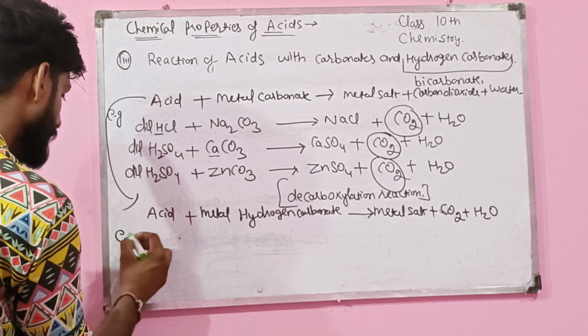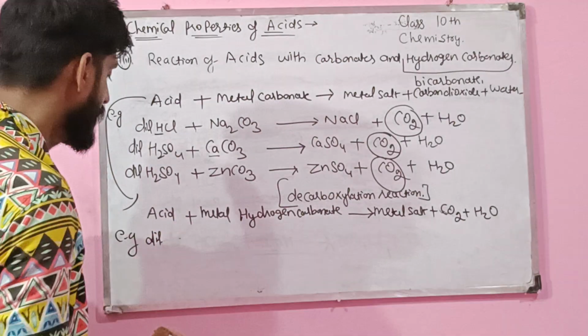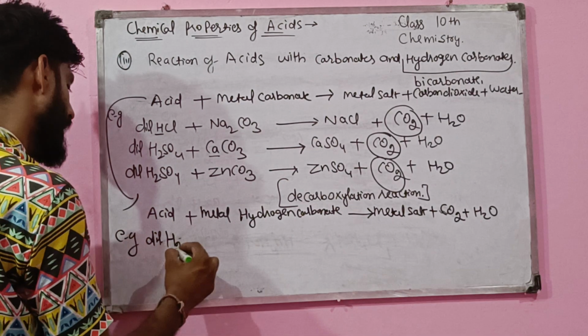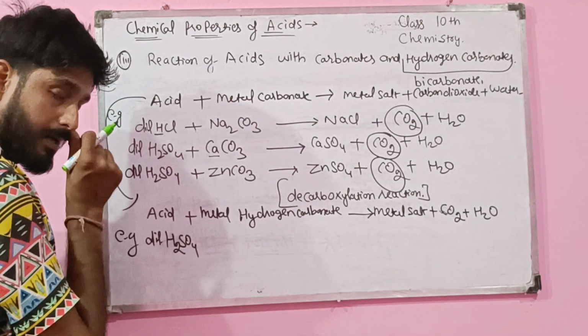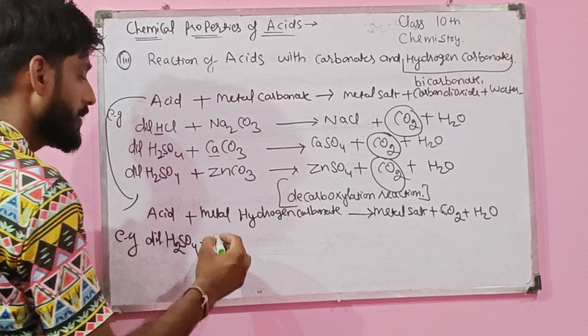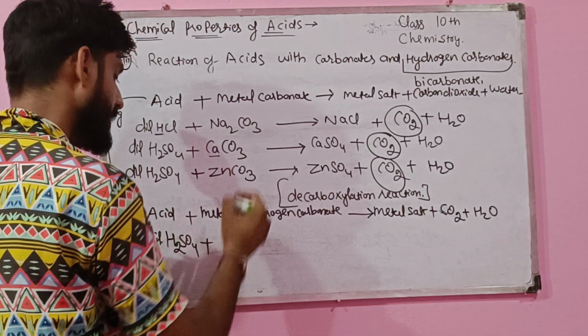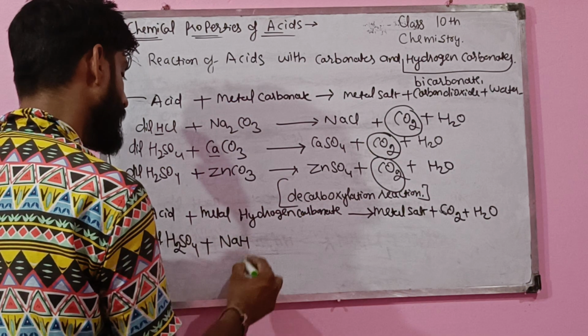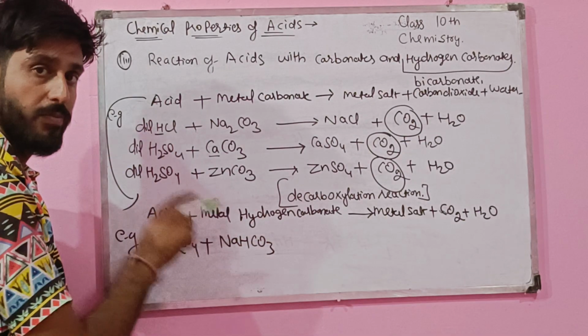For example, in place of the acid we can take dilute hydrochloric acid or sulfuric acid. So we can take dilute H2SO4 with a metal hydrogen carbonate. Firstly, we can take the common hydrogen carbonate, sodium hydrogen carbonate, which is baking soda. Okay.